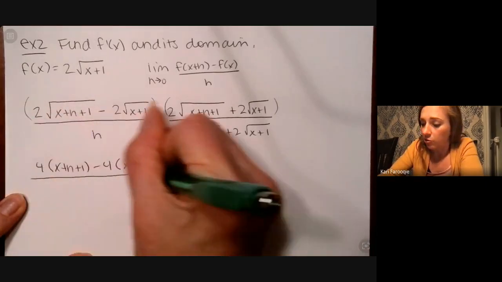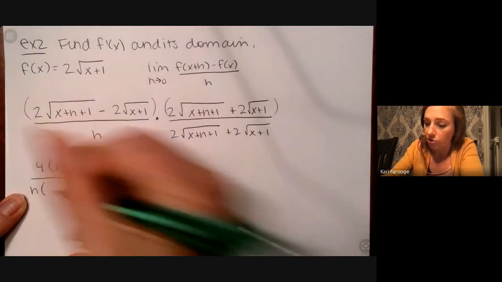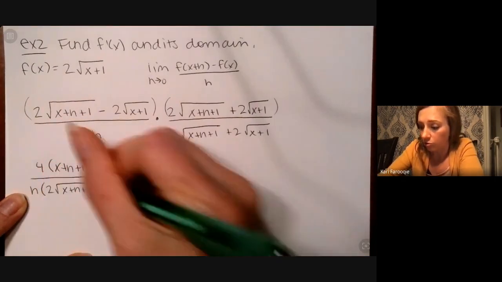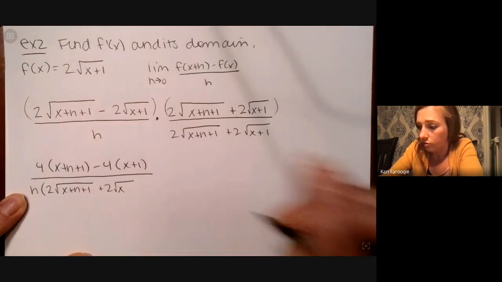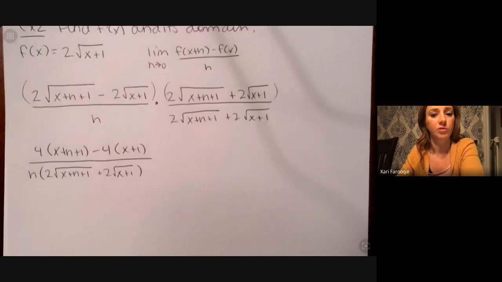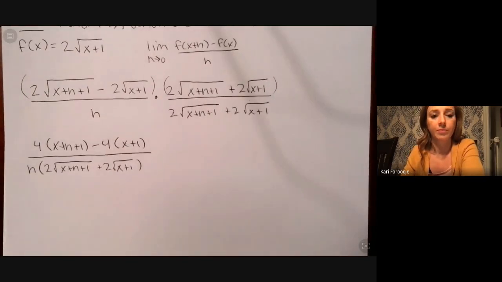In the denominator, remember we usually leave this factored. I still would suggest you do that in case you get to a point where you see that you shouldn't. Just leave it factored. Okay. So here's where we are right now.